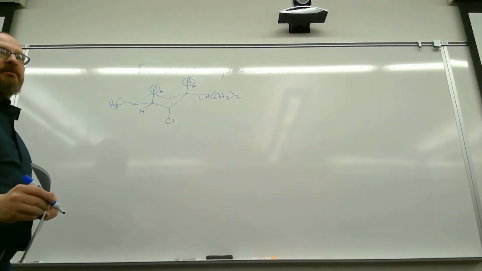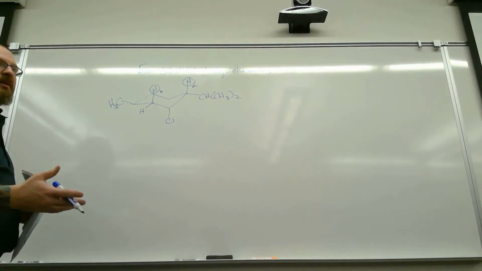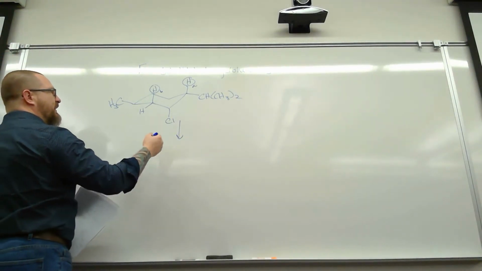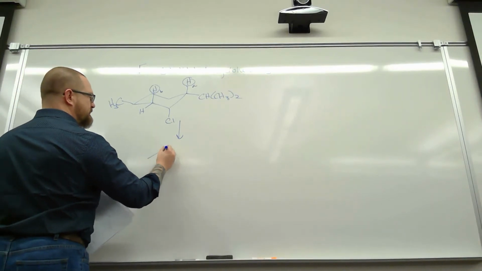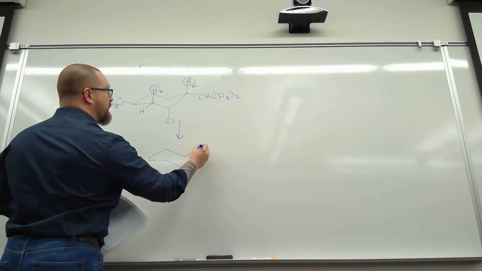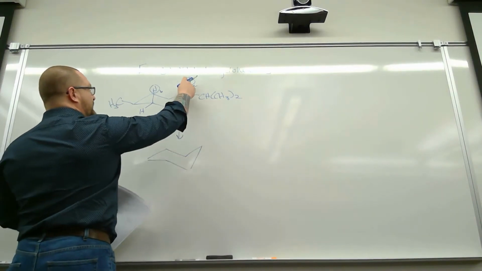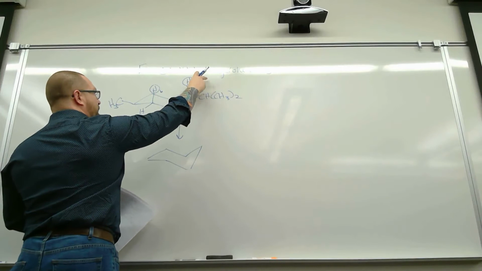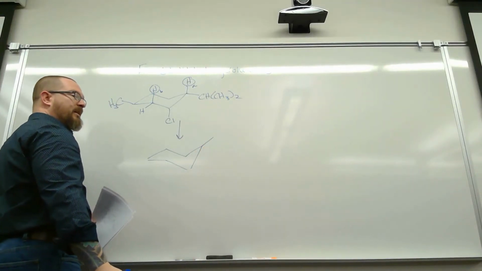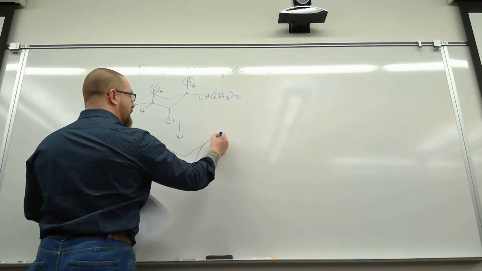So hydrogen A is favored because it's going to lead to a product which is more stable, because it's more substituted. Because I'm taking this off and this is rotating up to between the two positions, I'm going to draw it intentionally between the axial and equatorial groups or locations.